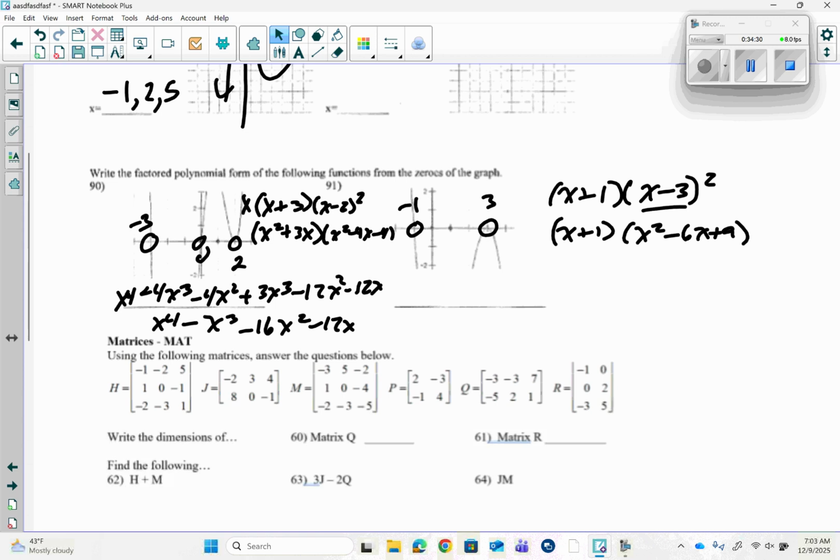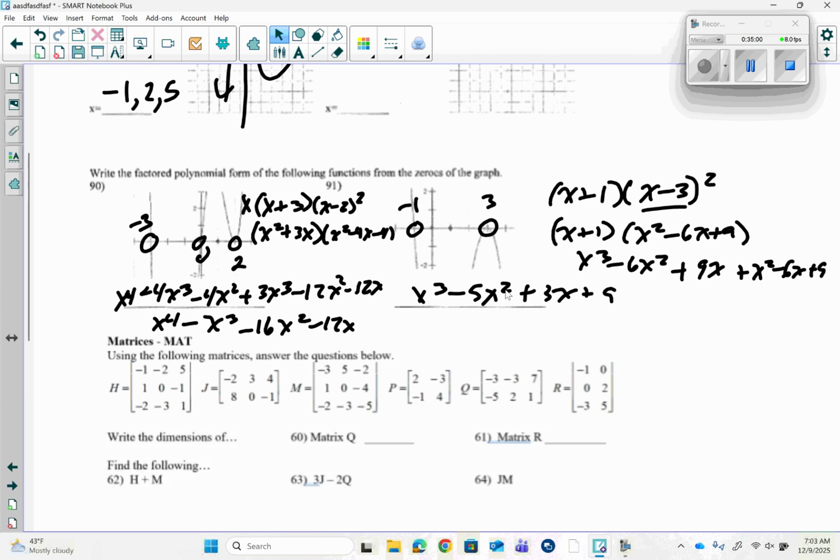Then multiply the x over, so x to the 3rd minus 6x squared plus 9x plus x squared minus 6x plus 9. So I'm going to get x to the 3rd minus 5x squared plus 3x plus 9.